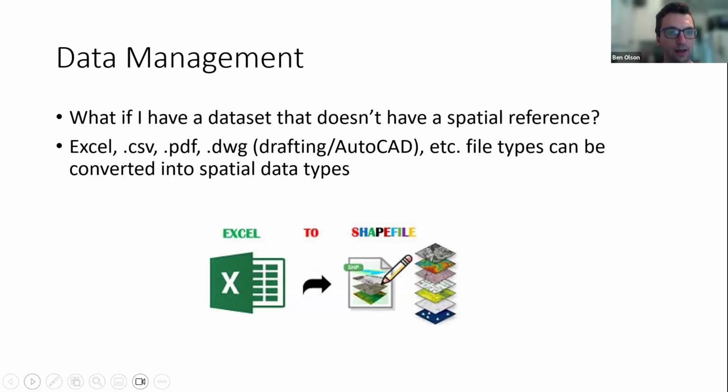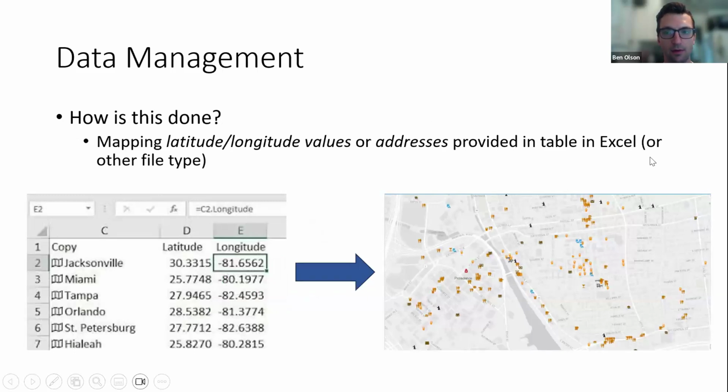But specifically with the Excel or CSV file type, you need to have a column in your data that has some sort of spatial reference. A lot of times that's a latitude and longitude pair. So if you put your table into GIS software, it can pull the latitude, longitude, and map the coordinates on the map. Then the output is a data layer that has a spatial reference and can be used in GIS.